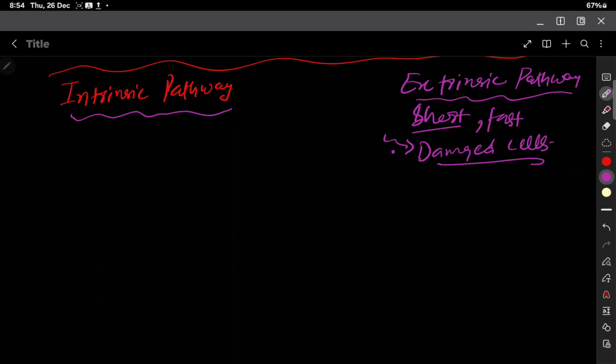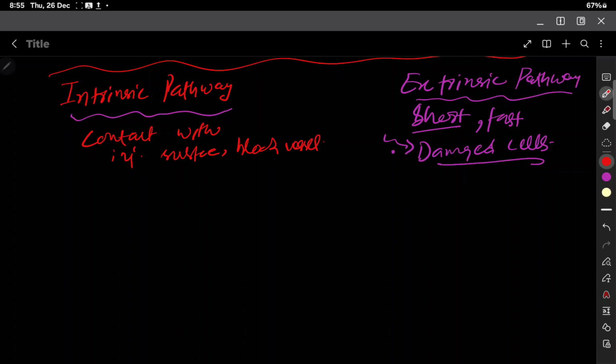Now the first one is the intrinsic pathway. What happens in the intrinsic pathway? It occurs when there is contact with an injured surface or injured blood vessel. So I will start with the intrinsic pathway.